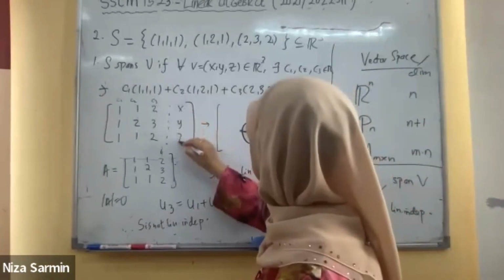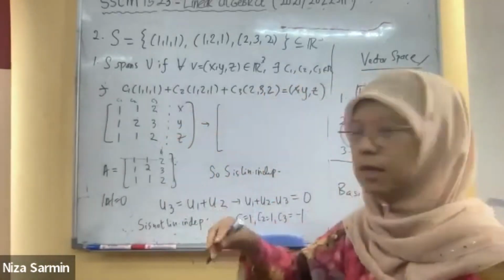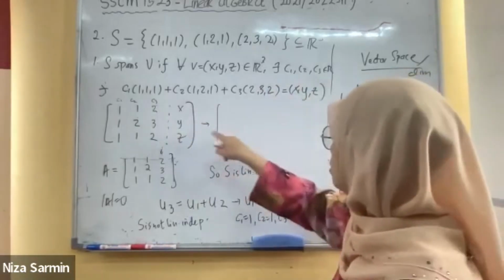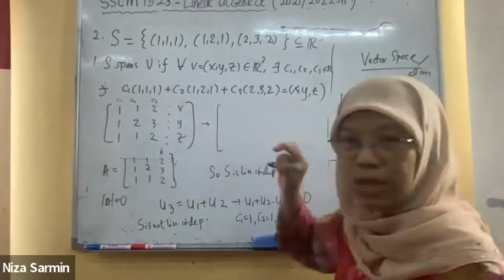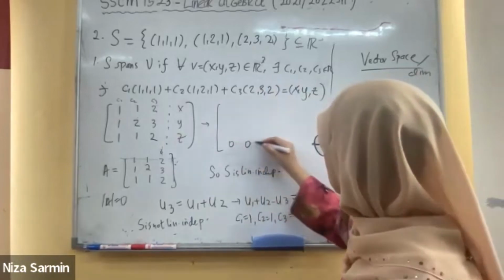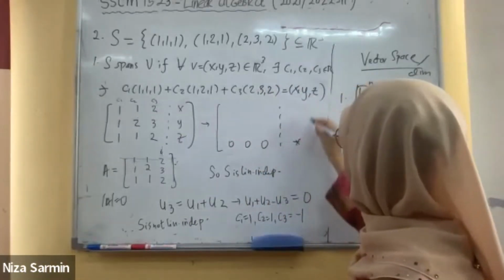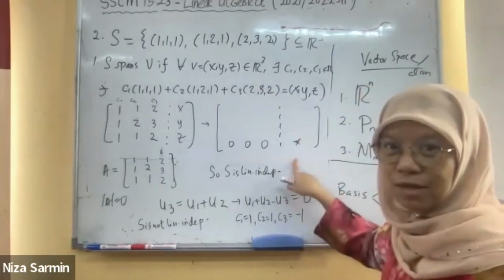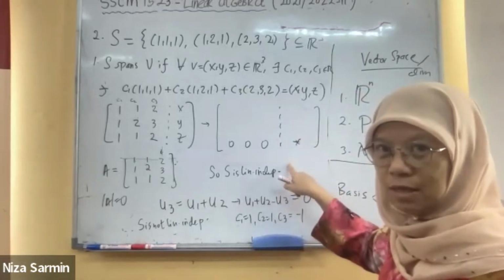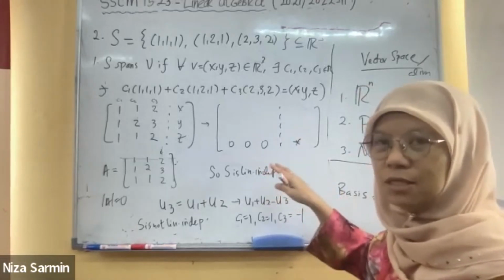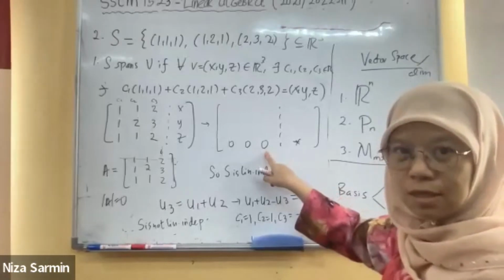X, Y, Z. Okay, balik semula kepada first part. X, Y, Z. So if you do this, you will get something 0, 0, 0, blah, blah, blah. Okay, for you to fill in the blank. And then you will say that the system is inconsistent, right?